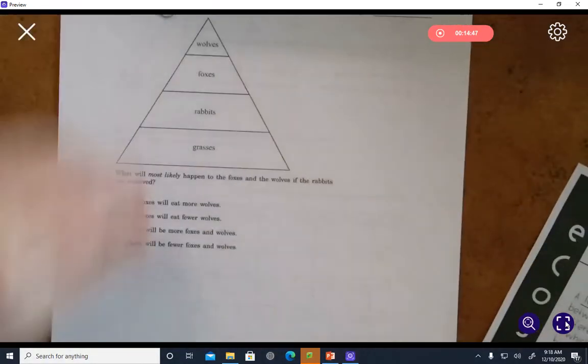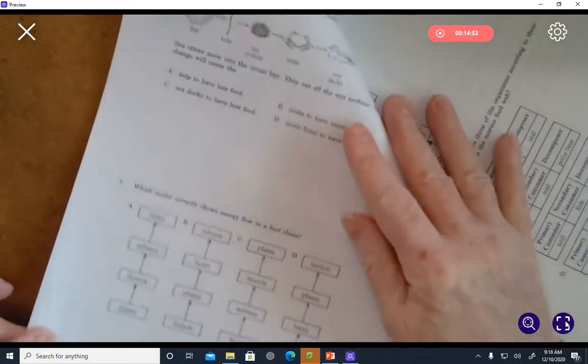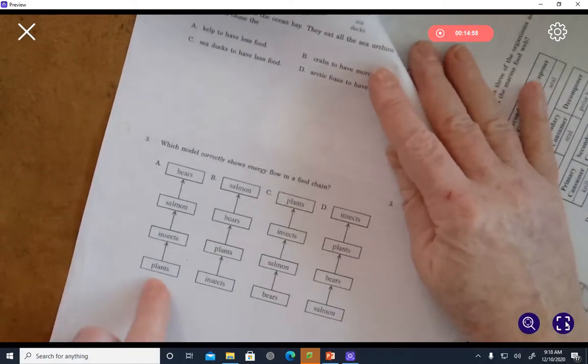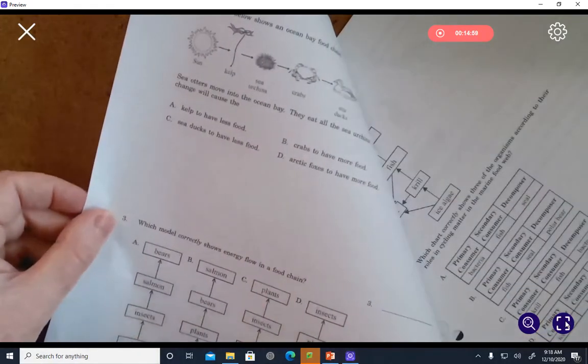There's such a variety of ways that they show you food and energy flow. I kind of want to show you, look at this here. The only difference here on this test question really is where the apex is.